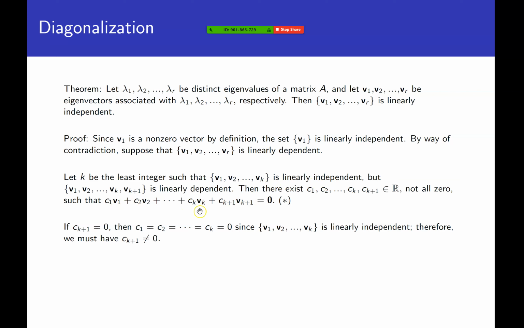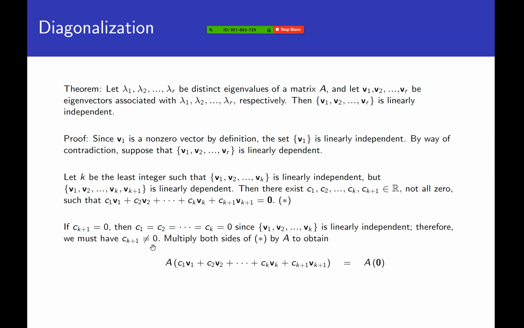So if that linear combination is the zero vector, then all of those constants would have to be zero, which would force all of the constants to be zero, which we're saying they're not all zero. So when I'm talking about this set that's not all zero, the set of c1 out to c_{k+1} not being all zero, it absolutely has to be the case that the last one is not zero.